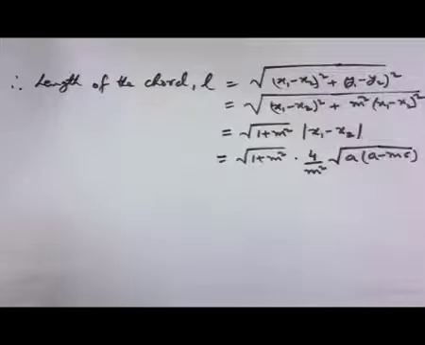To get it in terms of x 1 and x 2, we can put the value of m and c in terms of x 1 y 1 and x 2 y 2.